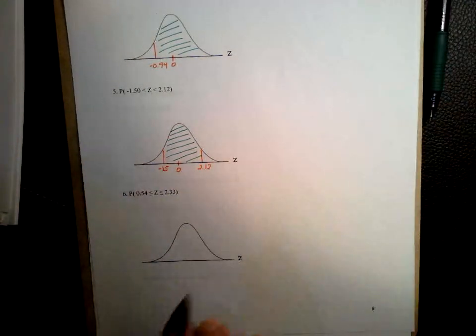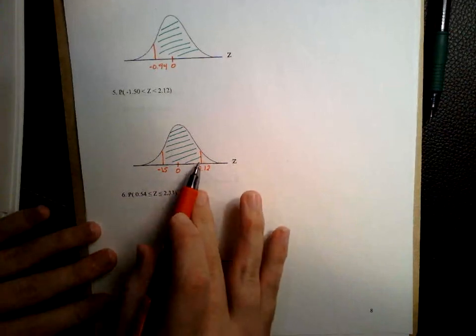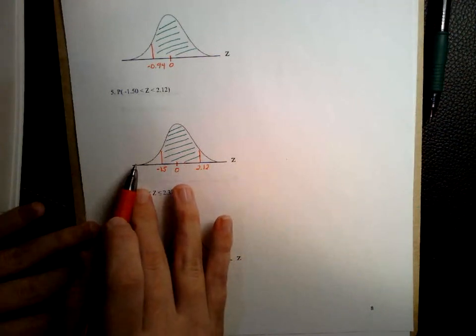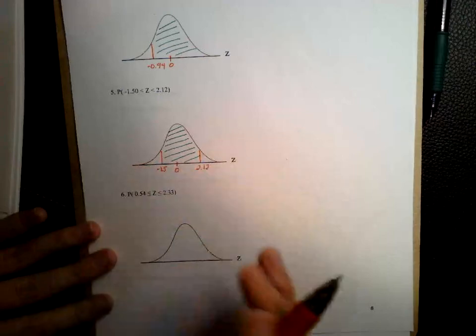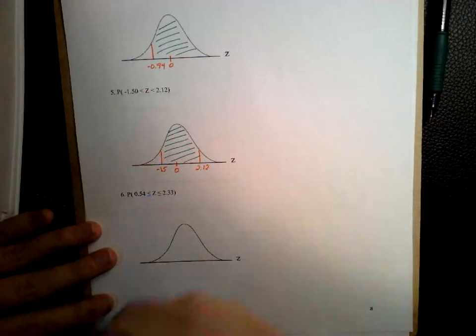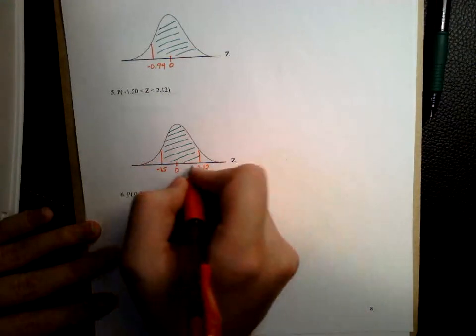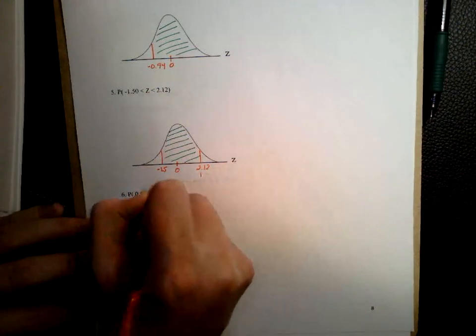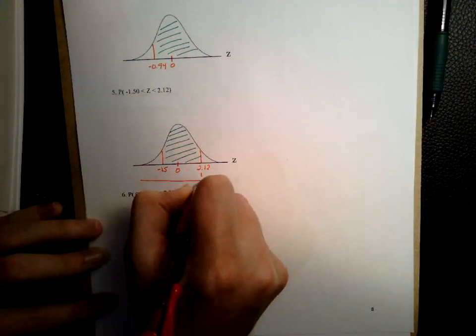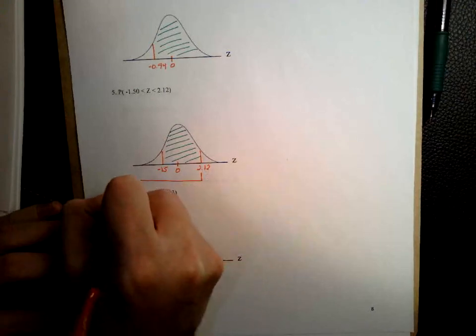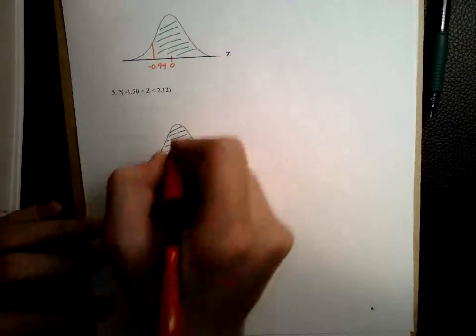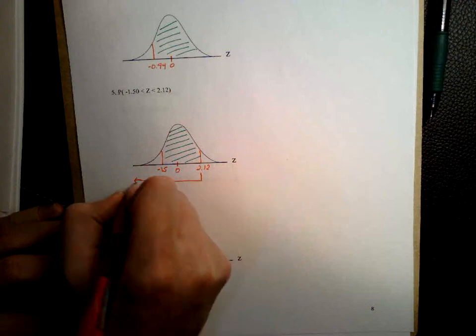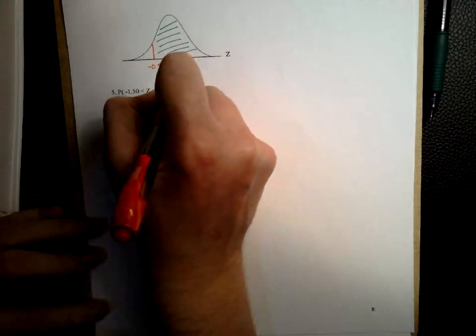That means I'm looking at this area right here in the middle. Now, our standard normal table will only give us the area to the left of some value. It won't give us the area in between these two. Then, an easiest way to find this middle area, I want to look at the probability of z being less than or equal to this upper boundary here. And that'll give me all the area to the left over here.